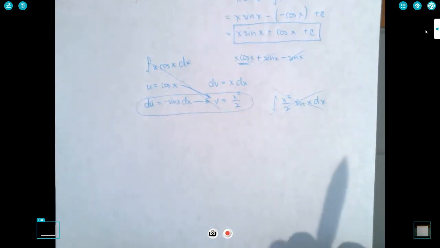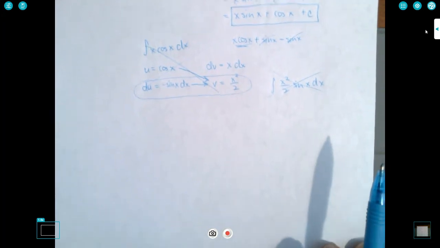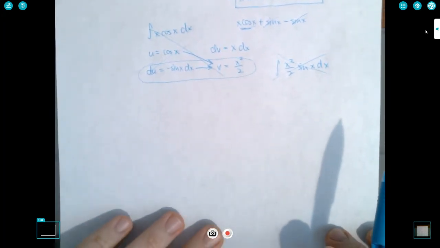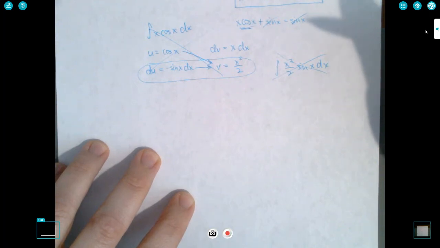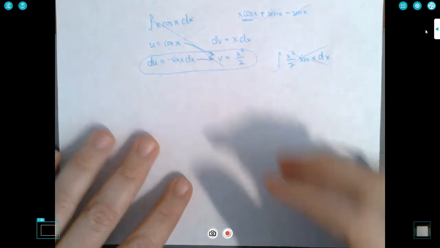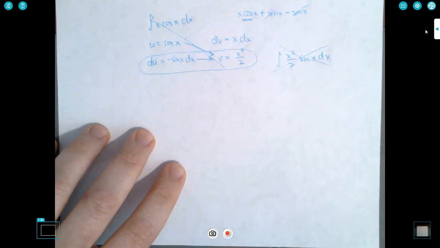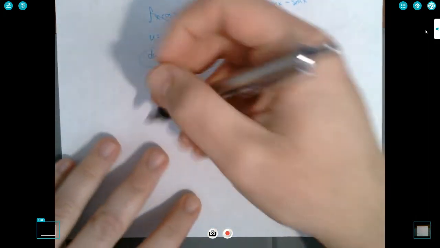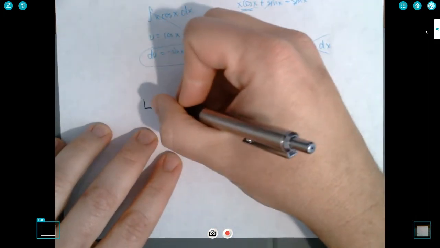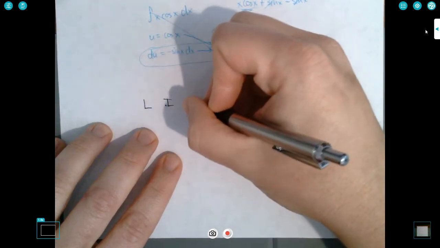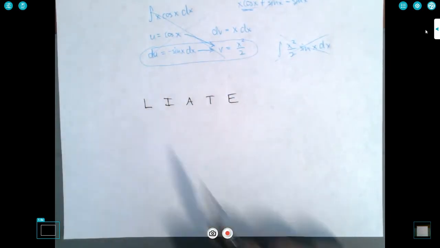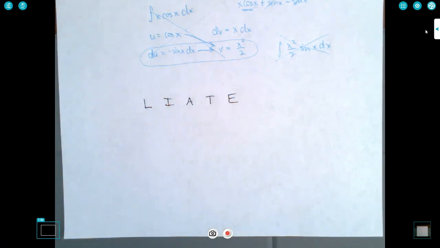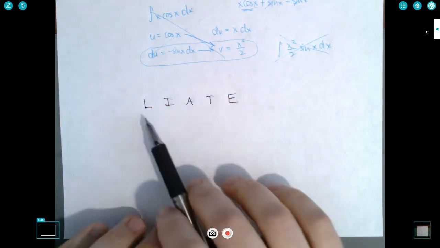So a general rule of thumb for picking your u's and your dv's is to use the acronym LIATE. It's like late, but with an I in front.